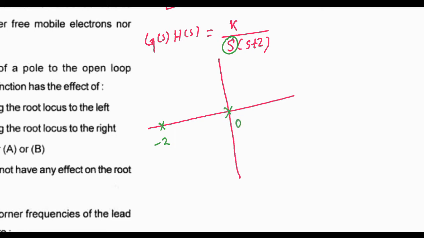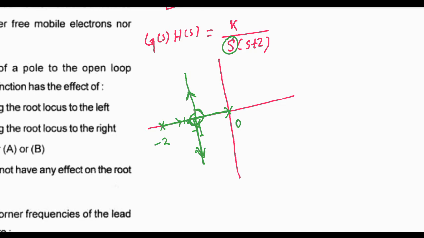These are the two poles, and the root locus will be like this: it goes up to -1, then breaks away and goes this way and this way. So the root locus is like this. And what are the angles? The asymptote angles are 90 and 270. One is 90 and another one is 270 degrees.